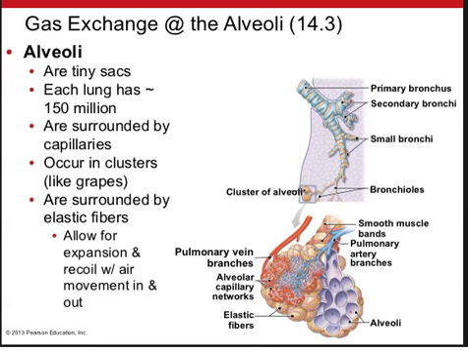So conditions like pneumonia, pulmonary fibrosis, emphysema, silicosis, all of those conditions will tend to thicken this respiratory membrane and impede gas exchange and make it very difficult to breathe.